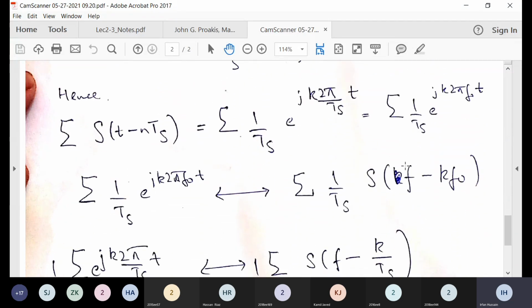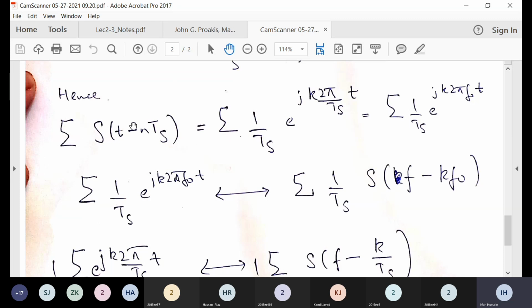So you can see here that this is your impulse train. It can be represented, this signal, in terms of its Fourier series coefficients. And once these are the Fourier series coefficients, then we know that this is the frequency representation of this train.